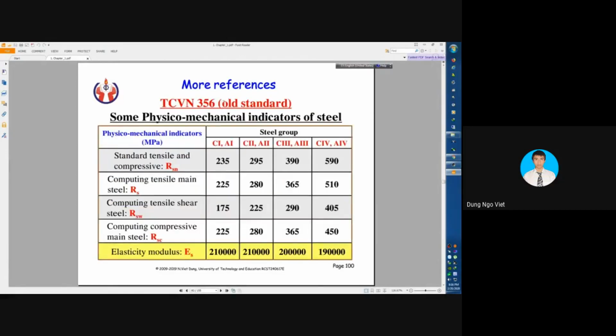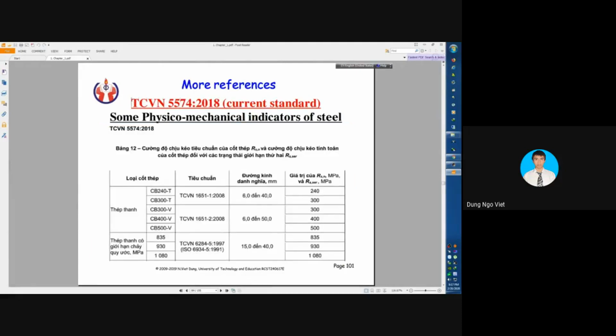And these are the values of some physical mechanical indicators of steel in the old standards TCVN 356. Why do I show you the old standards? Because nowadays some buildings still use the old standards, so we have to know the old values and also the new values for current standards. There are some physical mechanical indicators of steel.